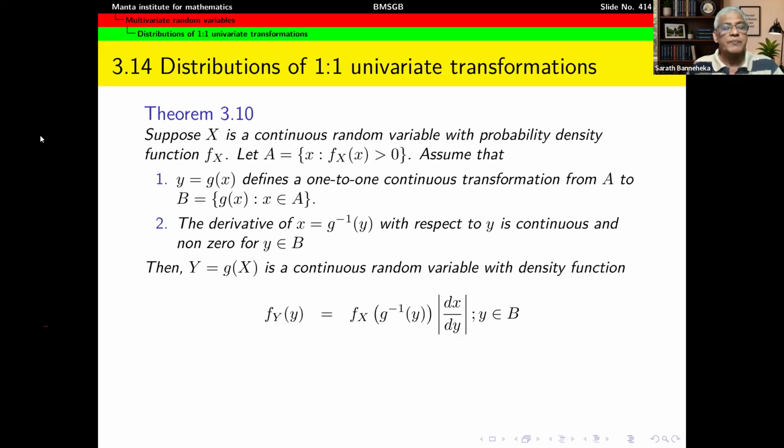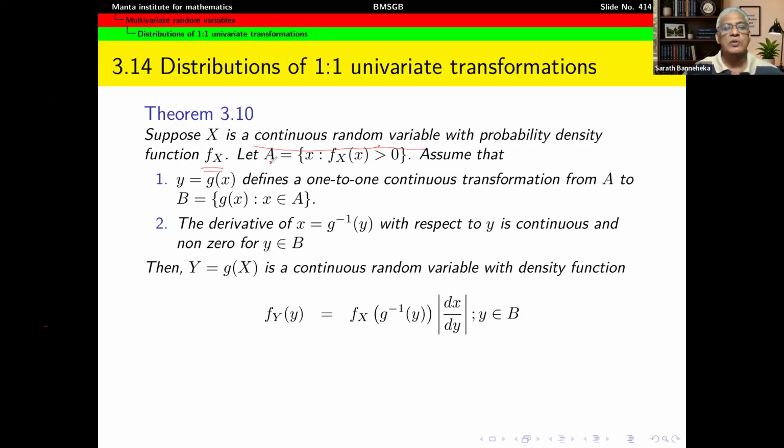So we start with a theorem giving you the way to find the density function of a one-to-one transformation. Suppose X is a continuous random variable with probability density function f_X. Let A be the set of x's for which the density function is greater than 0.